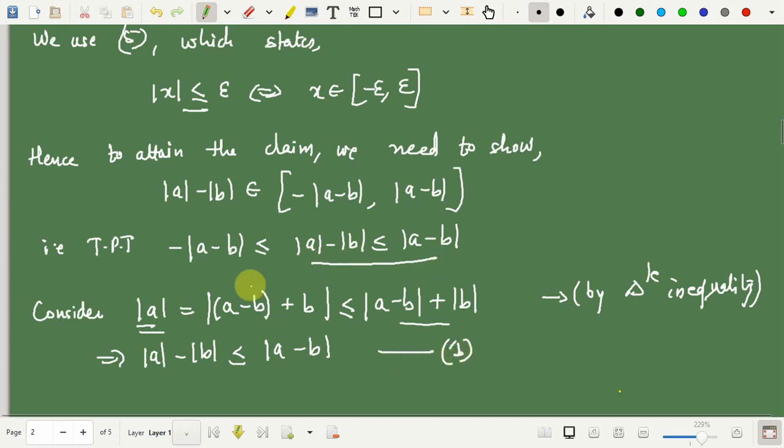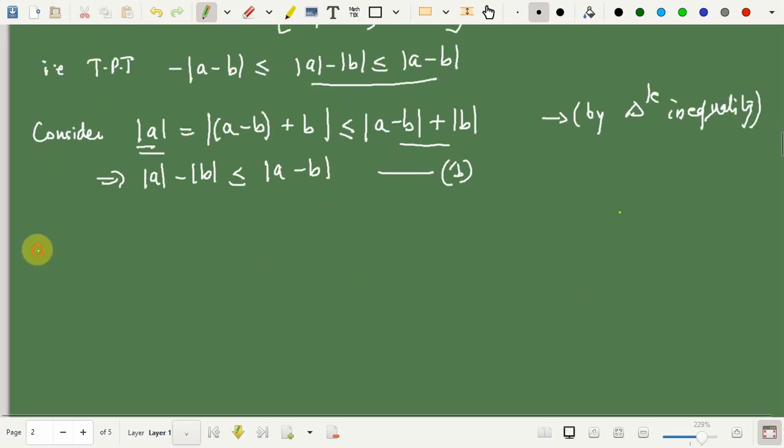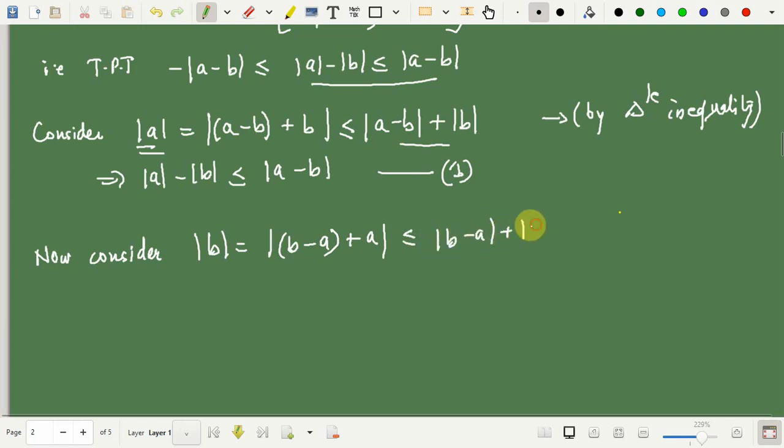So now we want to show that this is true, and the idea is similar. So you just consider mod of b. Mod of b can be written as, again you write this as the sum of two terms by balancing it by a. So you can write this as b minus a plus a, and this would be one term in the triangle inequality, and so you have this as less than or equal to mod of b minus a plus mod of a, right?